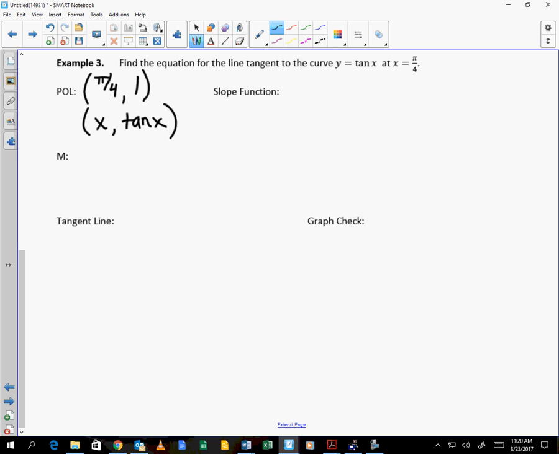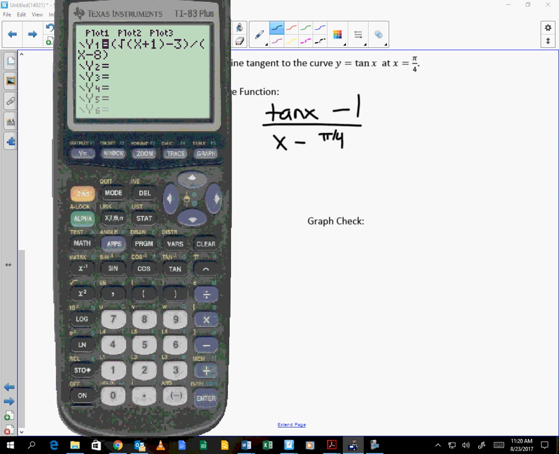So let's write an equation for the slope: tangent of x minus 1 over... I'm going to now find the slope by going to my calculator: parentheses, tangent of x, parentheses, minus 1, parenthesis, divided by x minus pi over 4.